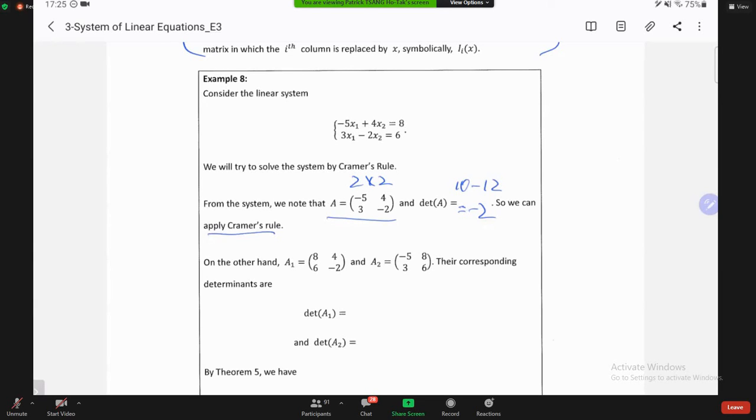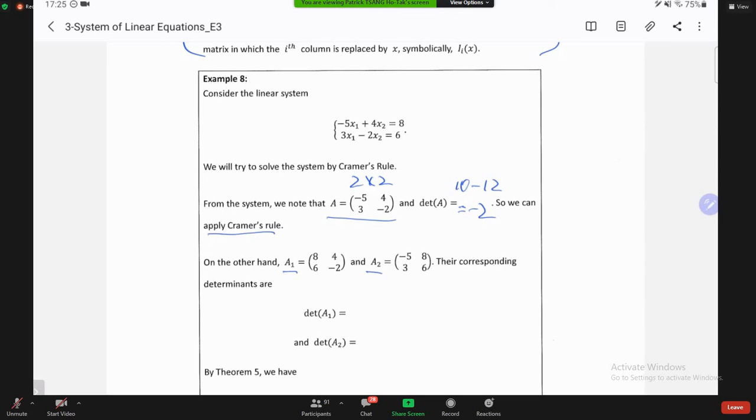So let's take a look and get back to Theorem 5. We know that we need to find the matrix A subscript 1 and matrix A subscript 2. I hope you can still remember the idea of A subscript 1 and A subscript 2, which means that we are going to replace the first column or the second column by the constant column matrix B, right?